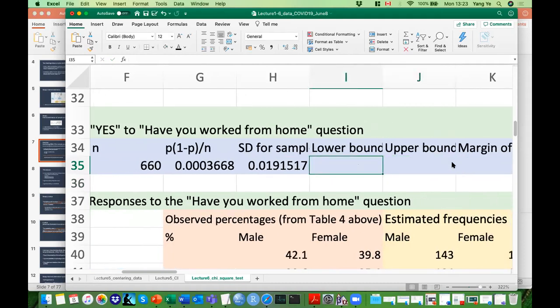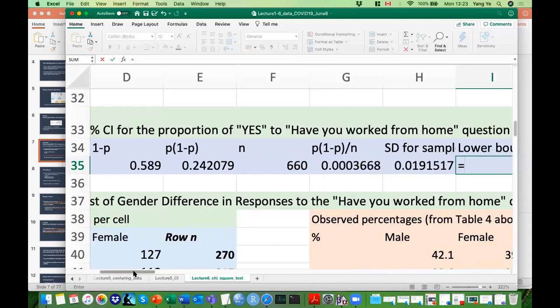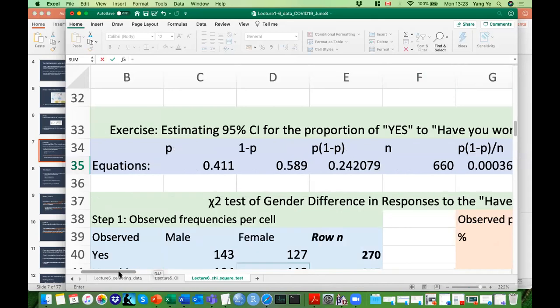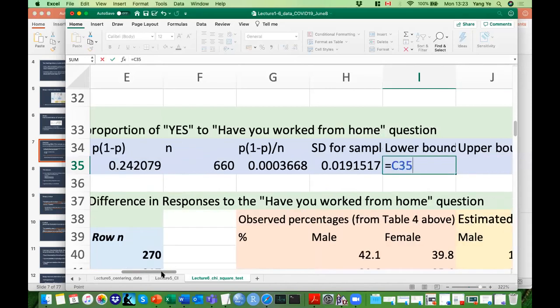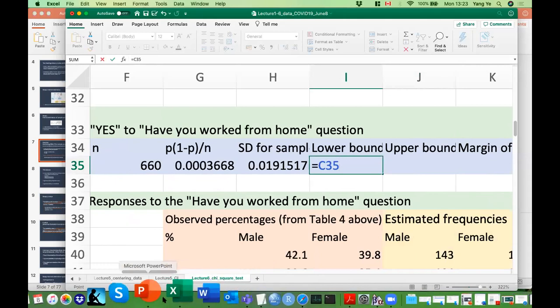And then we can move on to the lower bound and upper bound of this confidence interval. So the lower bound equals the estimate, which is the point estimate. So what is our point estimate here? Well, the point estimate is p, so 0.411. Remember our equation, right?